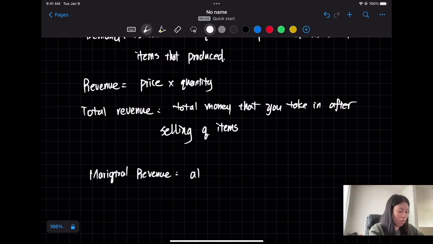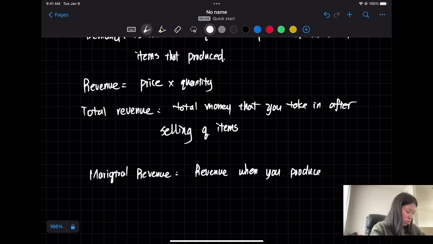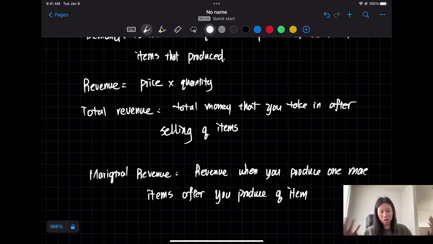The marginal revenue at Q items should be the revenue when you produce one more item after you produce or sell Q items.